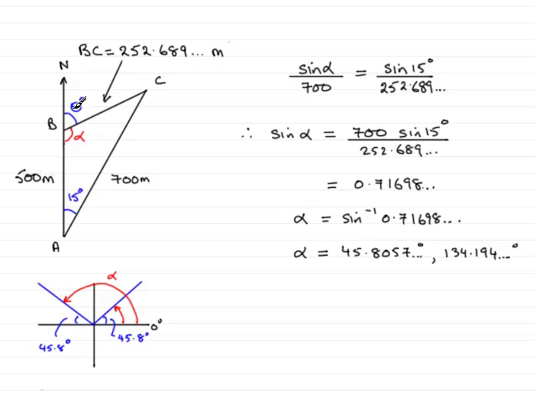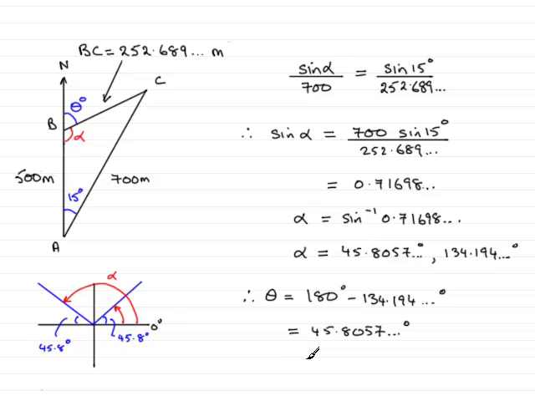So to get theta, theta must be equal to 180 degrees take away alpha. 180 degrees take away the 134.194 and so on degrees. And you'll see that in fact is the 45.8057 answer.